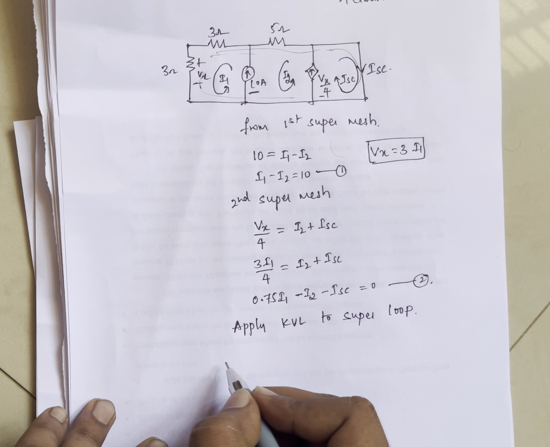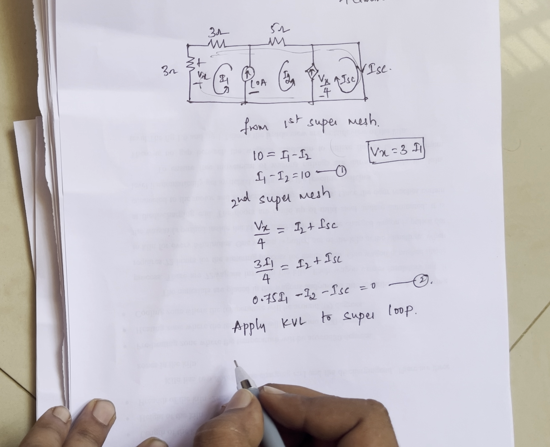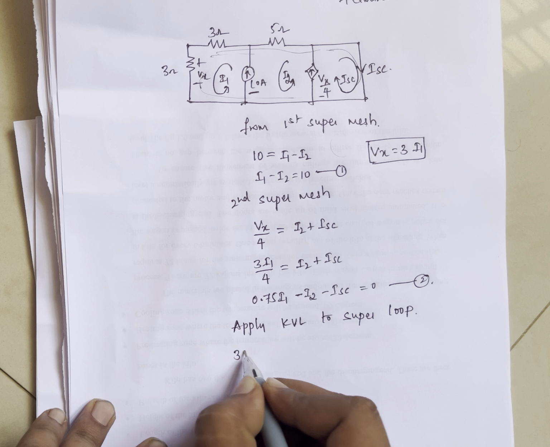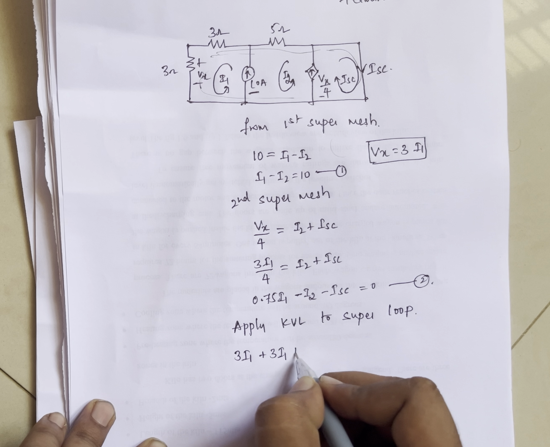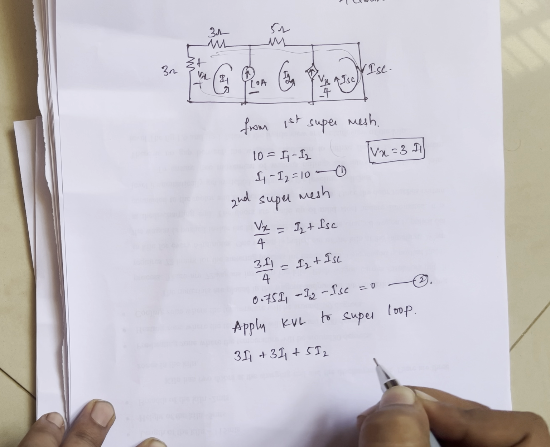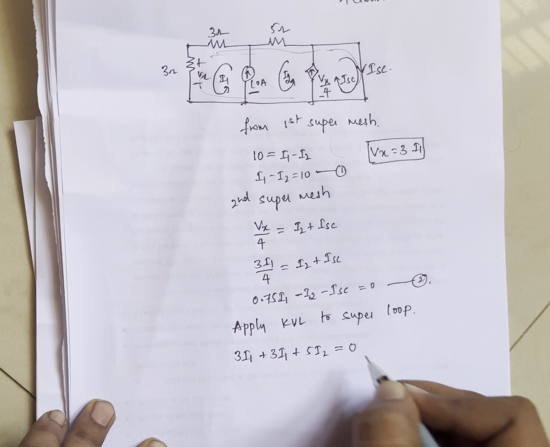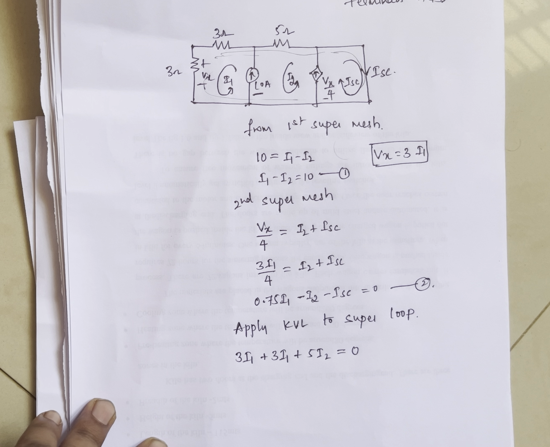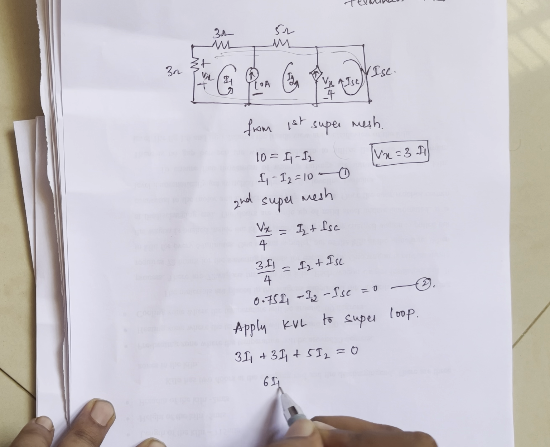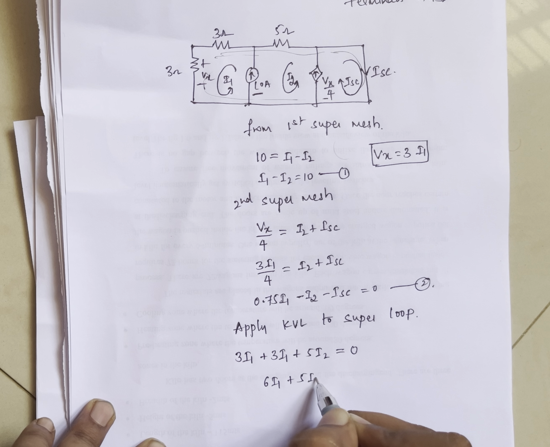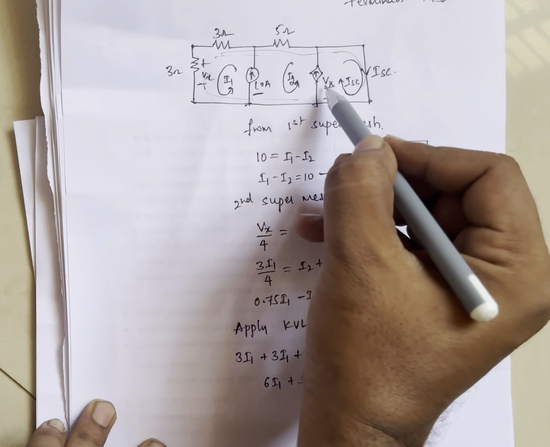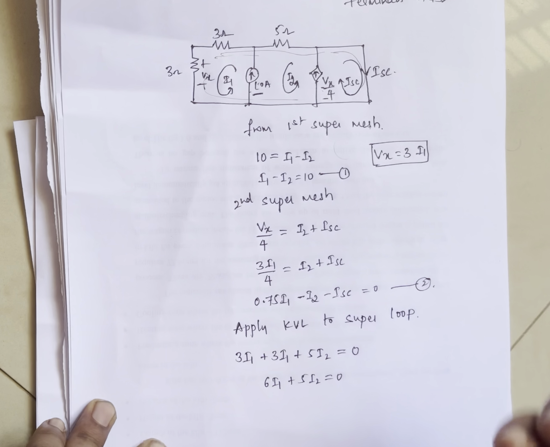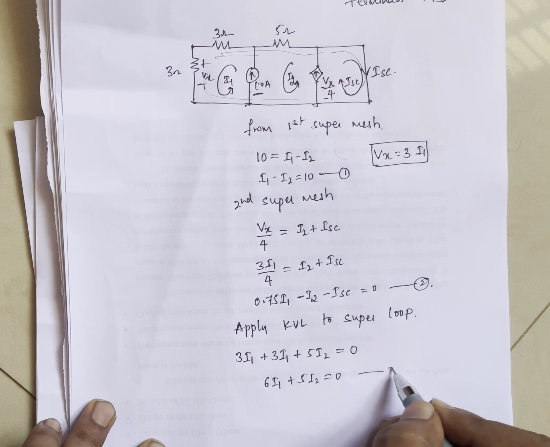So 3I1 plus 3I1 plus 5I2 equals 0. You can get 6I1 plus 5I2 equals 0. The drops across all these you are adding in the super loop by neglecting these two. Okay, this is equation number 3.